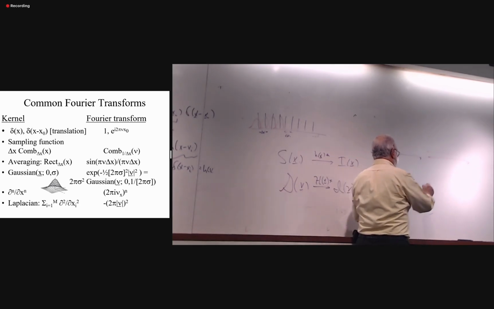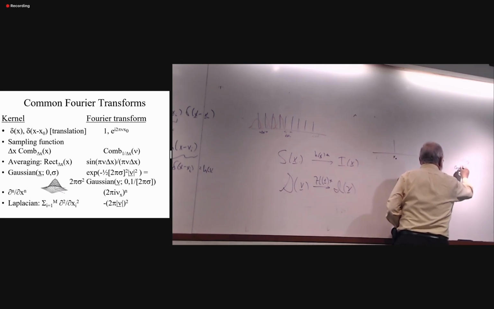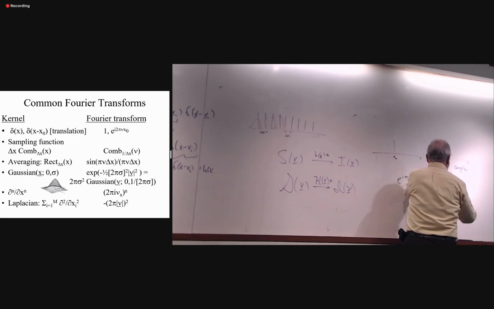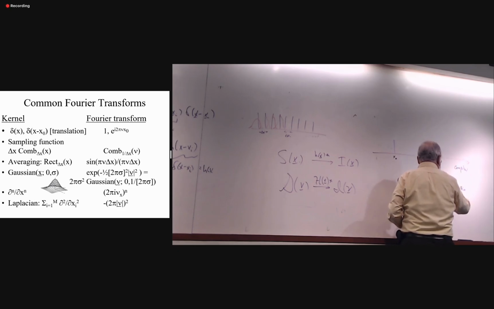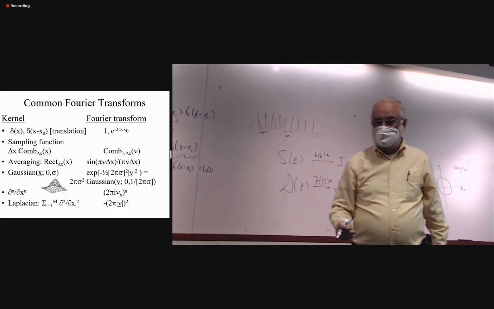Well, this function, this is the complex domain that I'm now drawing. So this is the real part, and this is the imaginary part up here. And e to the I anything is a point on the unit circle in that.